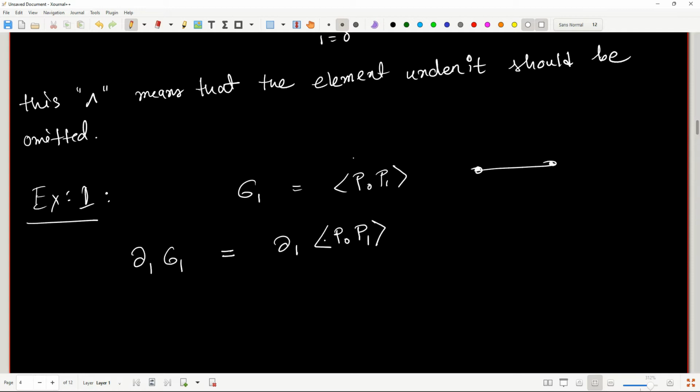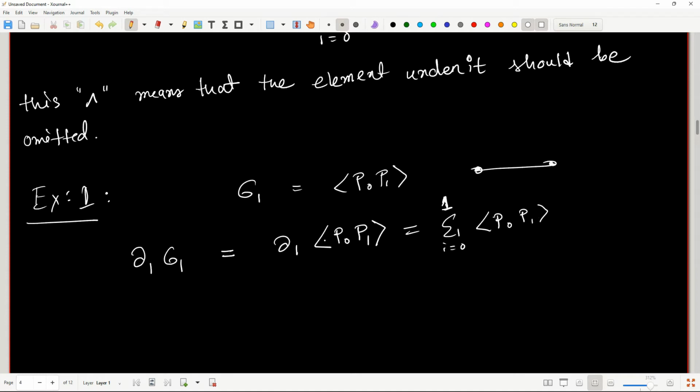By the definition we saw a few seconds ago, this is written as the sum from i equals 0 to 1, of p0, p1 with a hat, and that hat indicates that the element under the hat should be omitted.